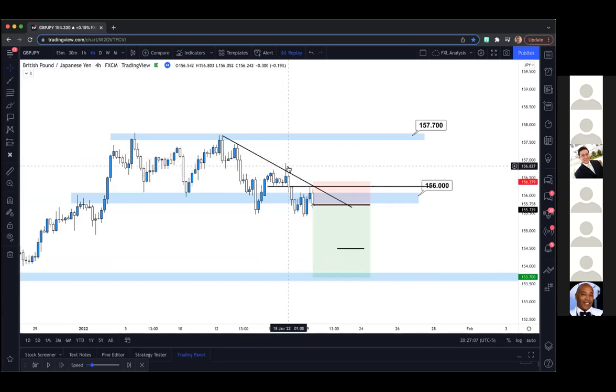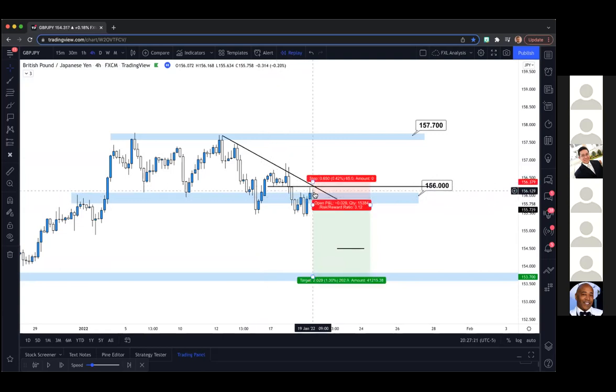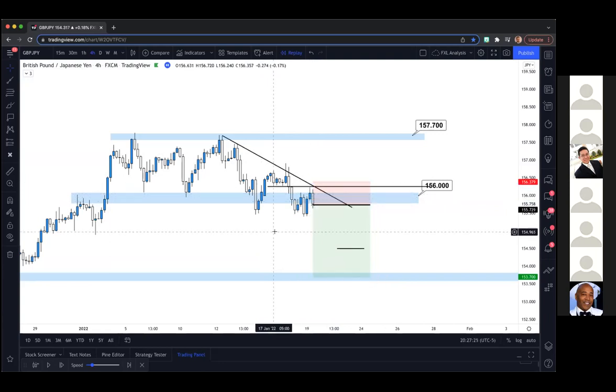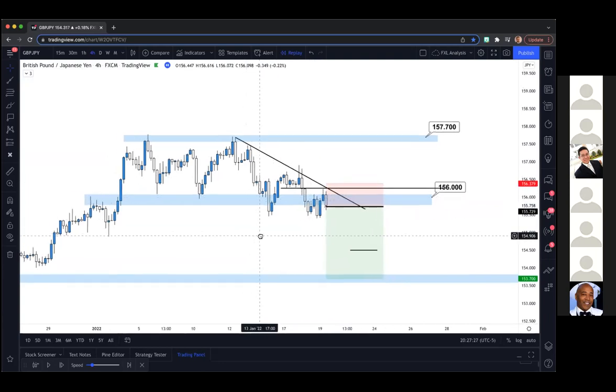Instead, it stalled, started throwing wicks, almost a tweezer top there. And then we started getting these engulfings. This volume started coming back, right? And then this consolidation was a great sign. It just needed that last attempt to test broken structure before dropping. And once it got that level, it started printing those engulfings, and then we were short on that.